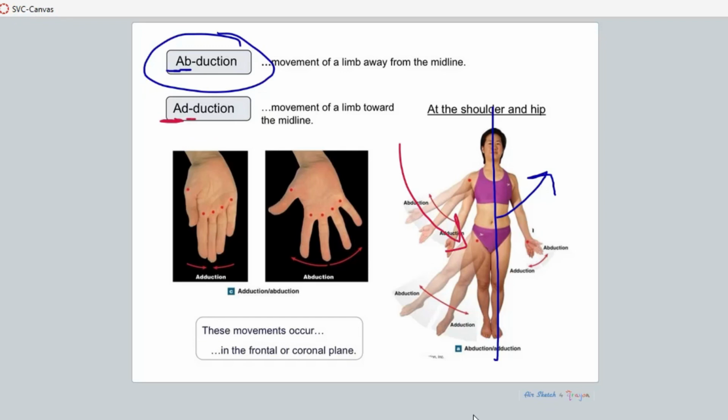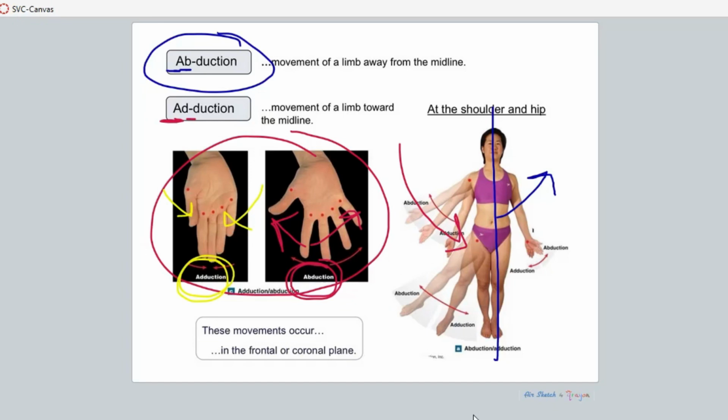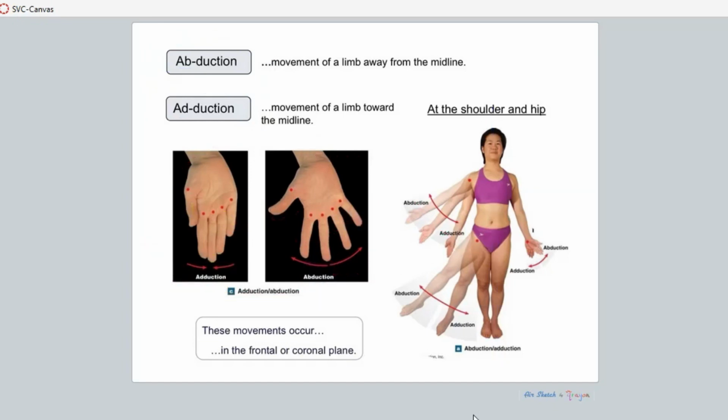So we can start with the hands here. This is anatomical position. If you take your fingers and they're together and you spread them out, that is abduction. You bring them back together, that's adduction. How about at the shoulder?